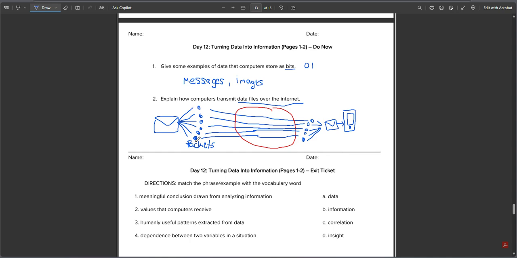So it gets split into packets, travels through the internet, and when it reaches your friend's phone, those same packets get put back into the message. It's disassembled and then assembled back on the other end. Again, you'll learn this in Unit 4, so that's fine. Don't worry about it.